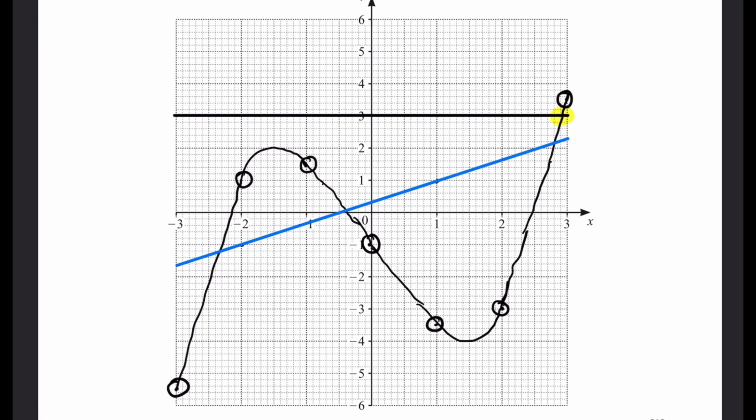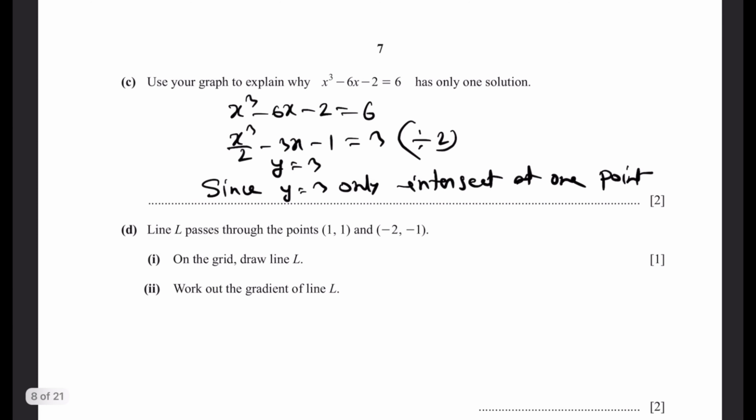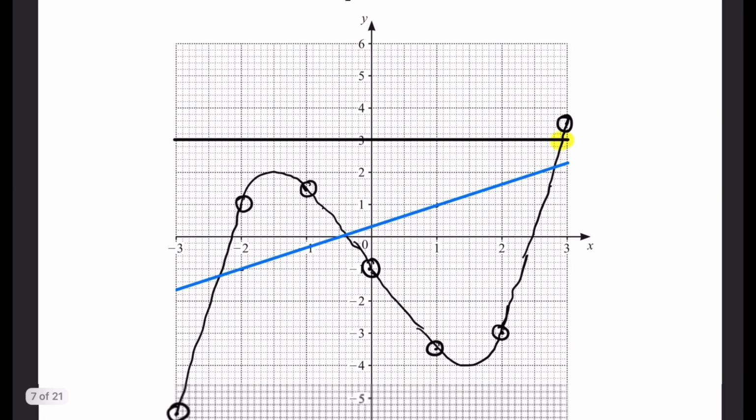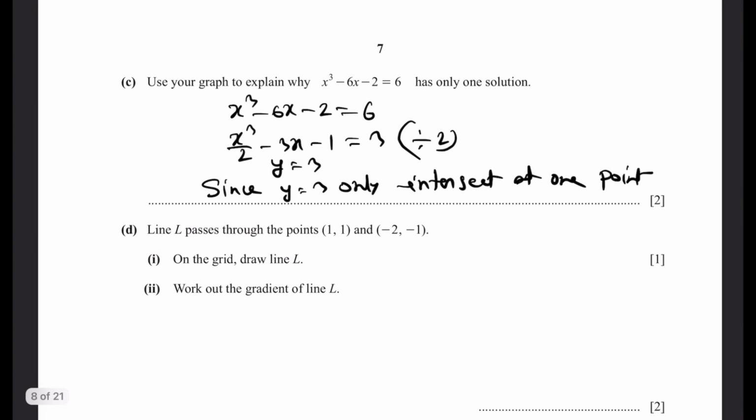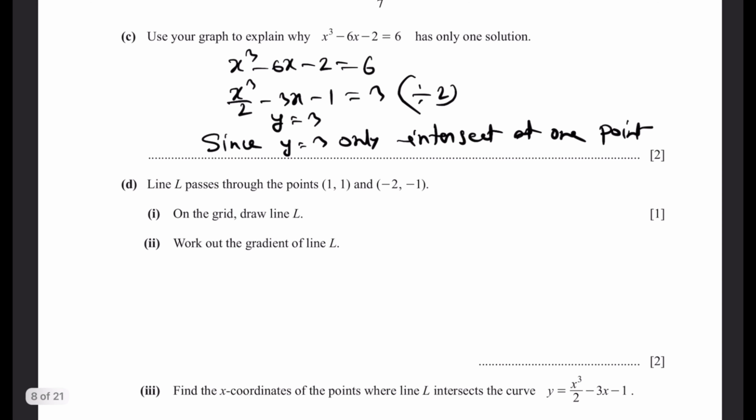Okay, so this is the line L. We can find out the gradient of this line.